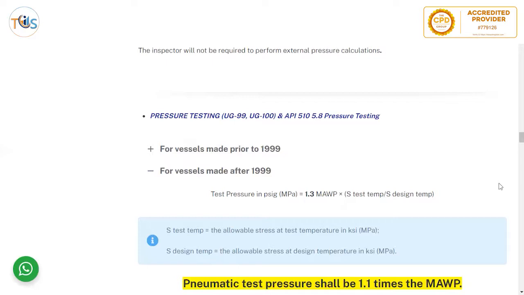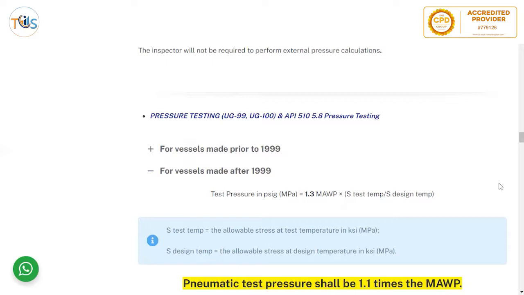For example, if the design working temperature is like 600 degrees Fahrenheit, and you are testing at ambient temperature, around 40 to 50 degrees Fahrenheit, and the strength is less at 600 degrees Fahrenheit, then obviously there is a factor involved here.